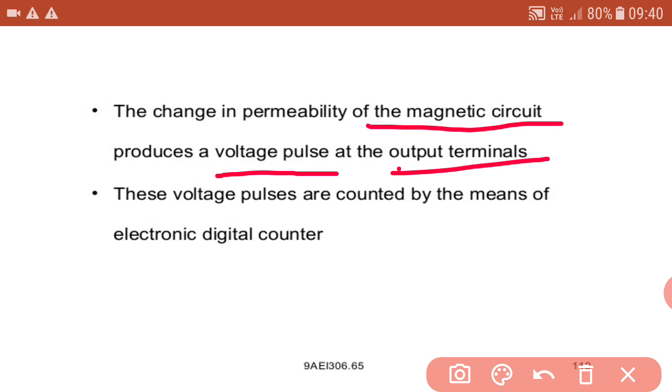So this is how the output is generated. These voltage pulses are counted by means of an electronic digital counter.